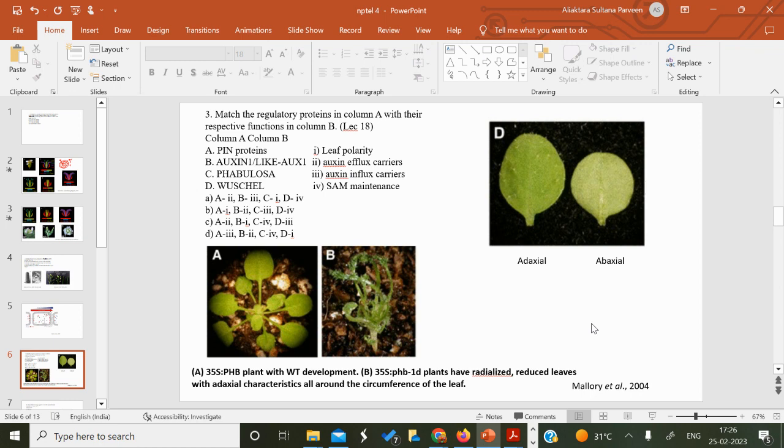Okay, so if you see very clearly, a little bit more deep, you can see that there are some trichomes. Trichomes is the kind of hair-like structure. But here this is smooth.